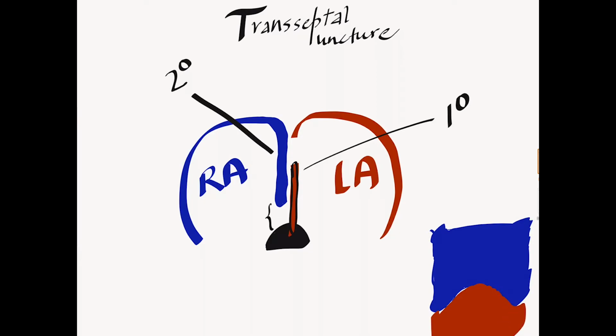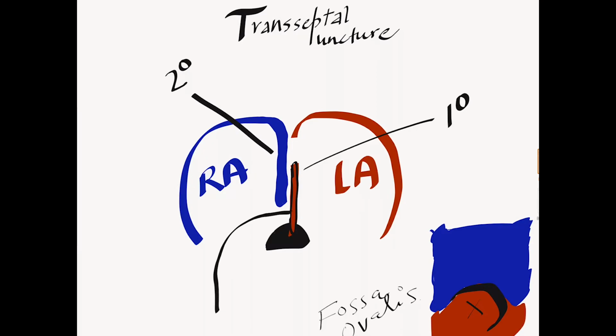Now if you notice carefully, this part of the septum right here is called fossa ovalis.